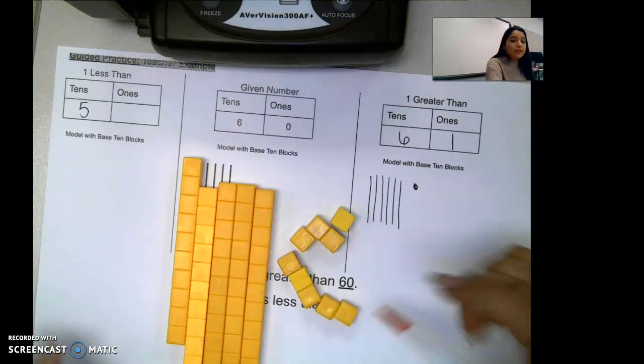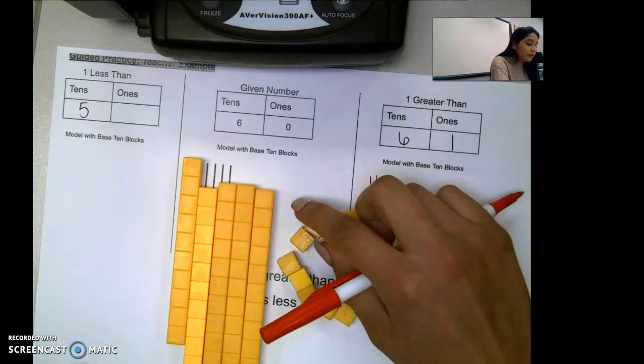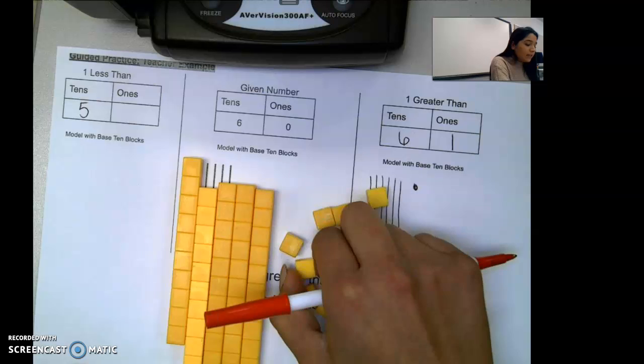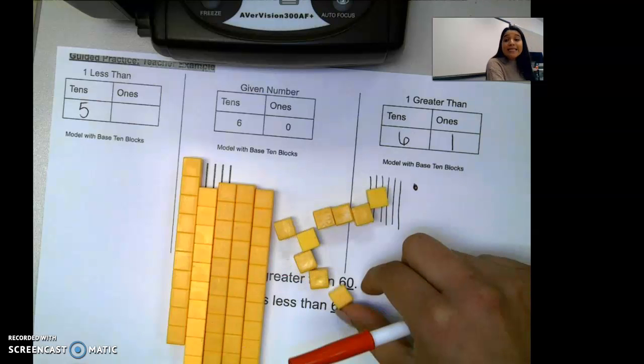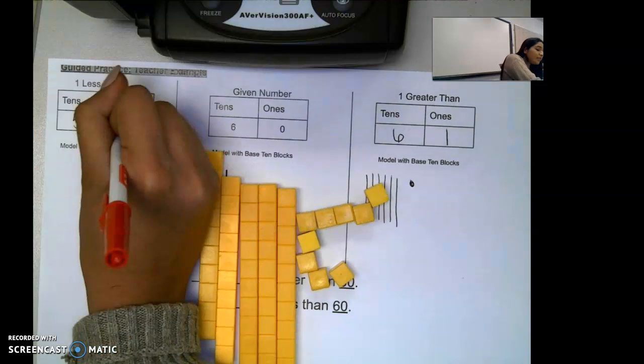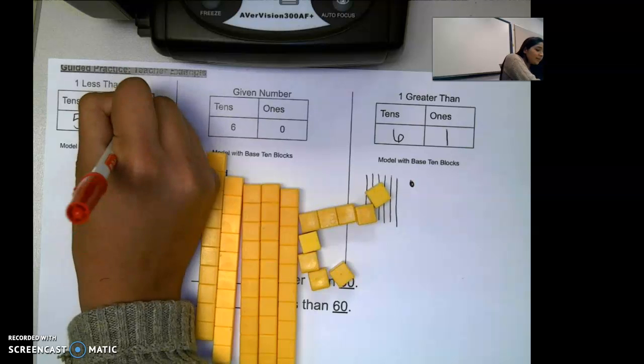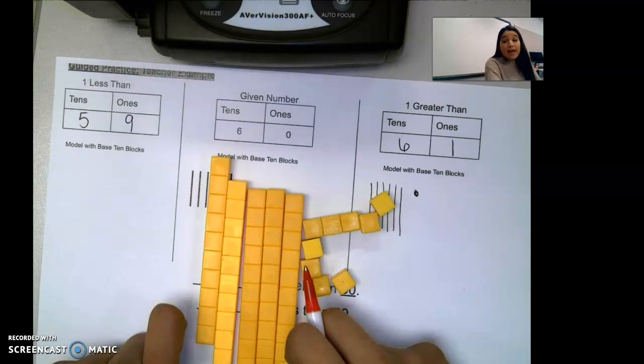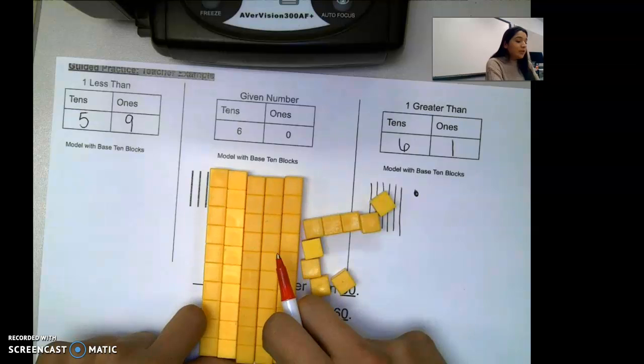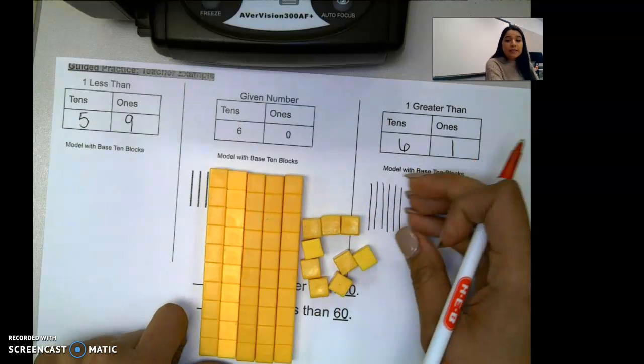And how many ones do I have? 1, 2, 3, 4, 5, 6, 7, 8, 9. Now I have 9 ones because I took 1 away, so it can't make a 10. So I just have 9 ones left.